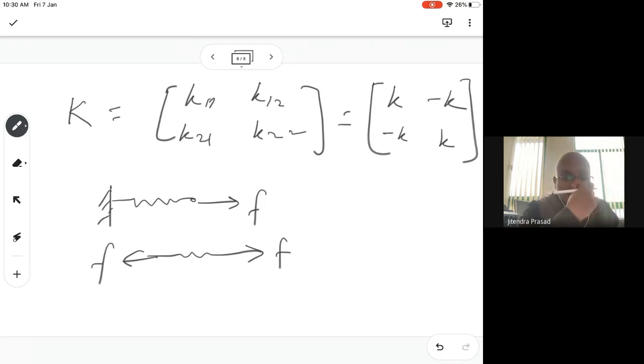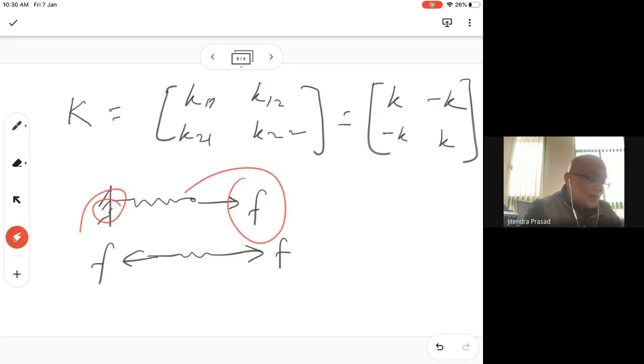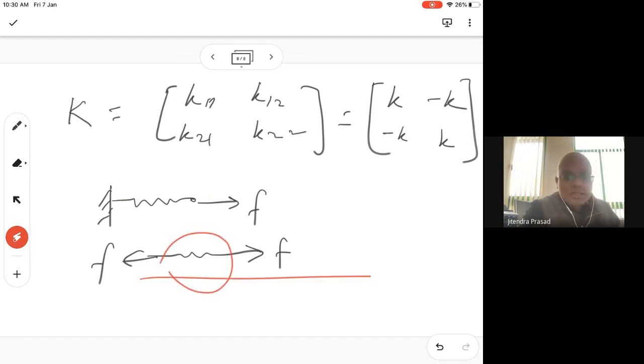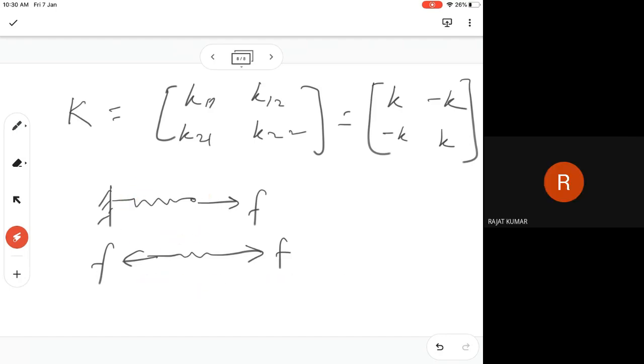Why? It's also from Newton's third law, right? If you are pulling it this way, there will be a reaction which will be opposite, so that it is balanced, otherwise it will move, right? So every force that is applied is accompanied by a reaction force, which results in a negative K. Okay, sir. Thank you, sir. Any other question?